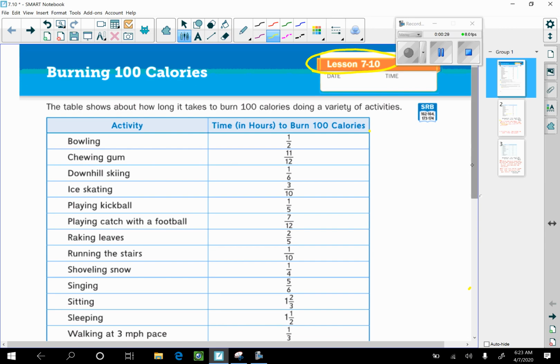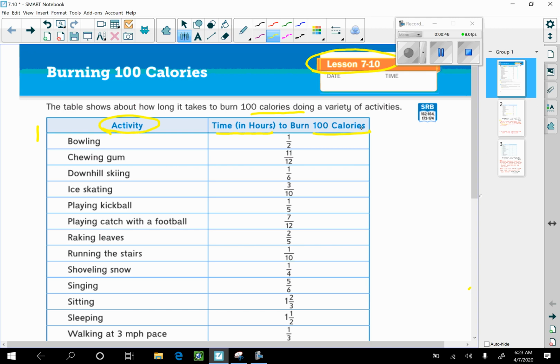The table shows how long it takes to burn 100 calories for a variety of activities. So this column here are the activities, and this column here is going to show you the time in hours to burn 100 calories.